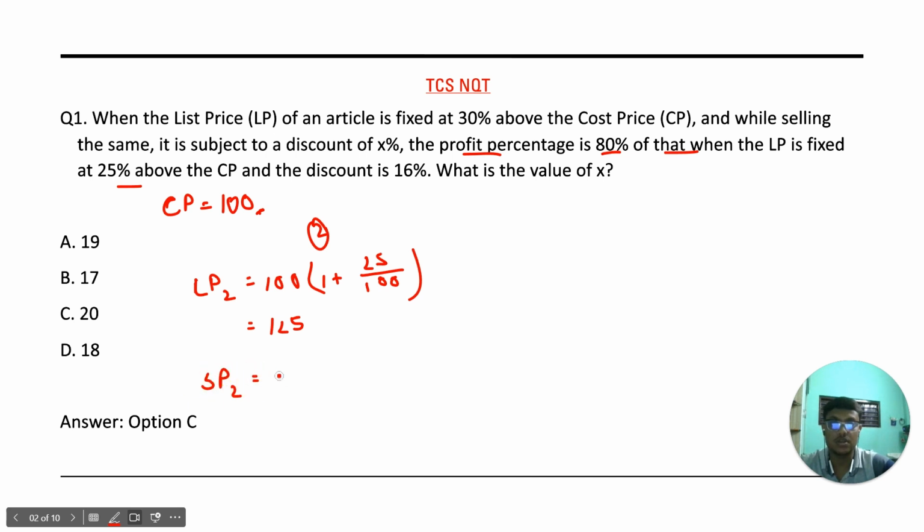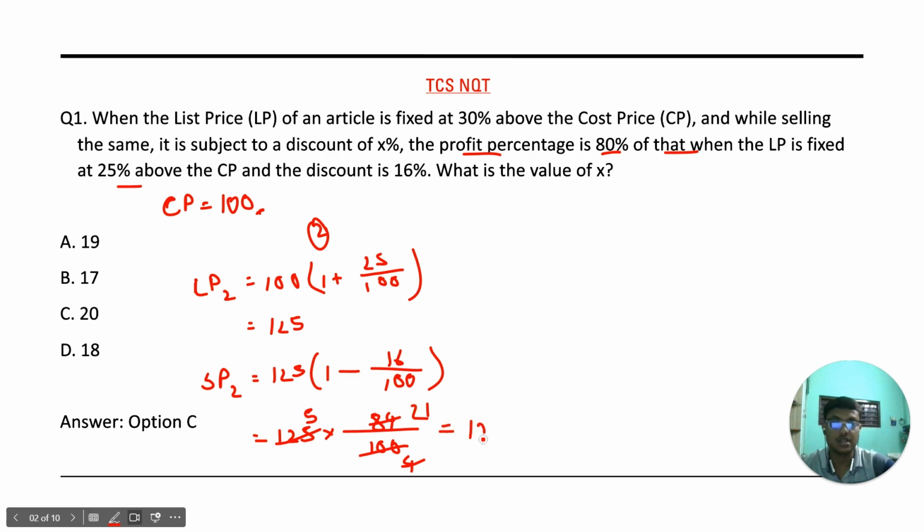Next is selling price for case 2. Selling price equal to list price into 1 minus discount percent, which is 16 divided by 100. So it comes out to be 125 into 84 divided by 100. Now if we cancel it by 25, 25 fours are 100, 25 fives are 125, and then we divide it by 4, 4 twos are 8, 4 ones are 4.